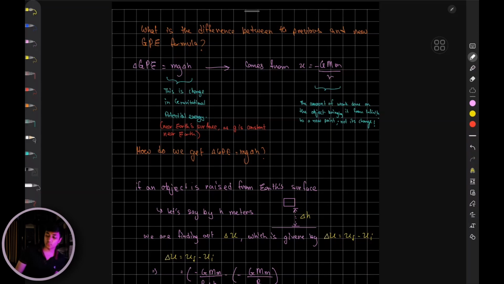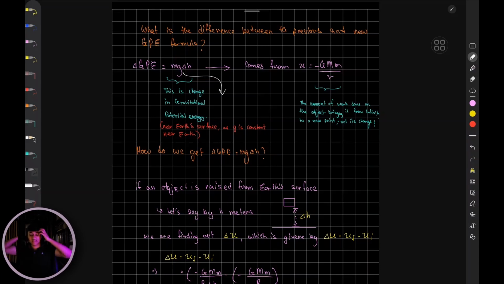In this part, we're going to see the difference between the previous formula and the derived gravitational potential energy formula. As I mentioned towards the beginning of the video, in the case of mgh, the formula we used previously, the value of gravity g was actually a constant. Near the surface of Earth, the value of gravity is the same, granted the change in altitude is very small.